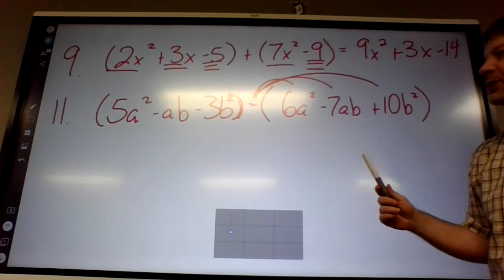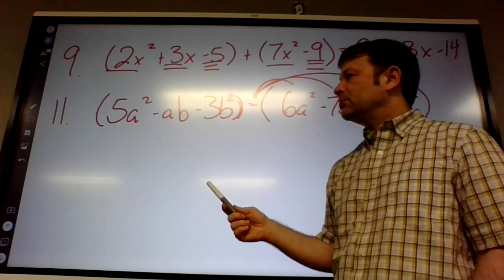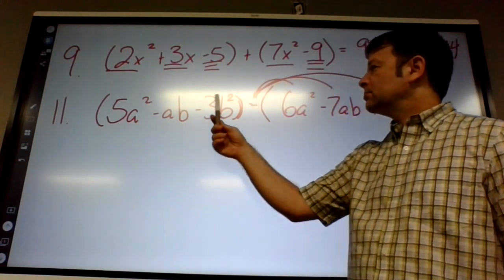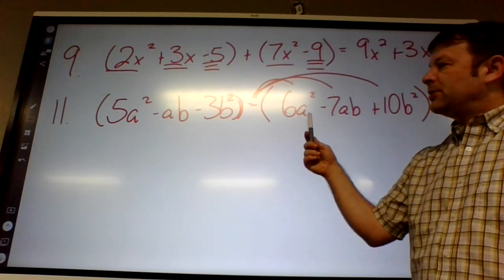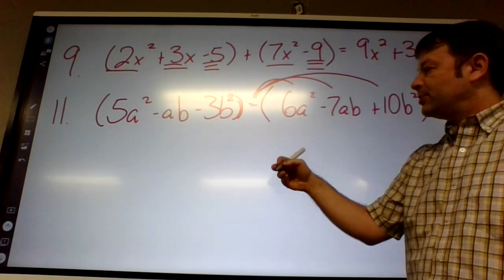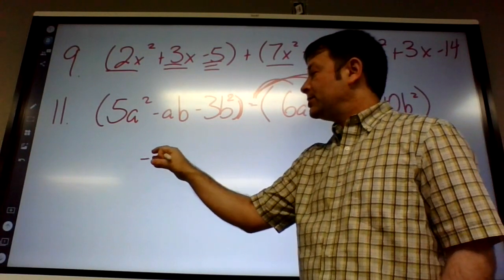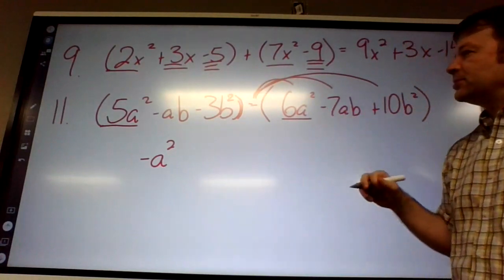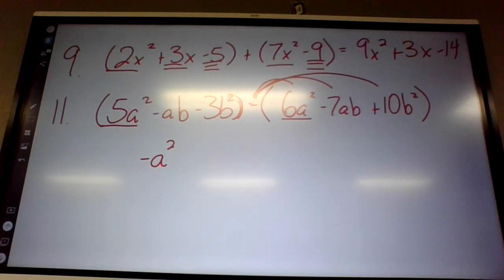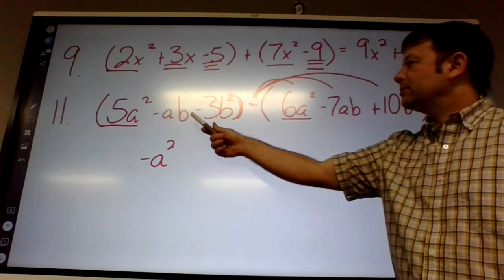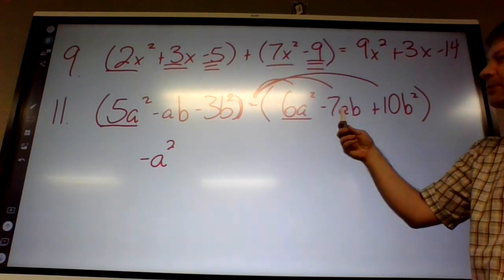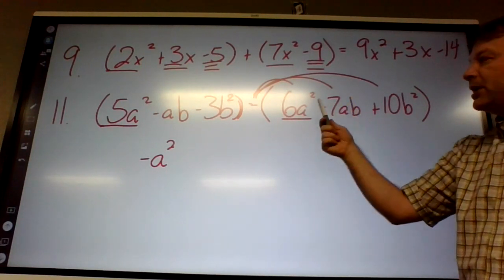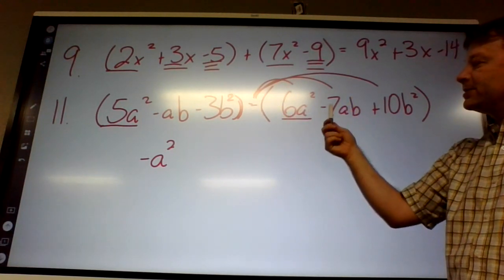How about this? Abby, I'll be the calculator, you just tell me what to do. Take 5a squared and then minus negative 6a squared. So 5a squared minus 6a squared would be negative 1a squared, or just negative a squared. Then take negative 8ab minus 7ab.